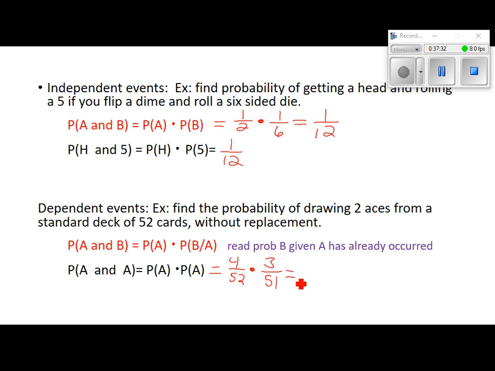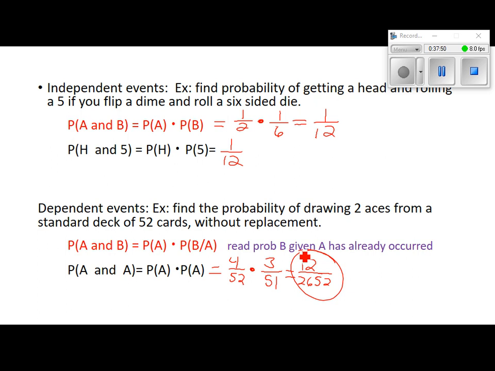Out of 51. 4 times 3 I can do, that's 12. Somebody help me out. What's 51 times 52? 2,652. And that'll probably reduce.